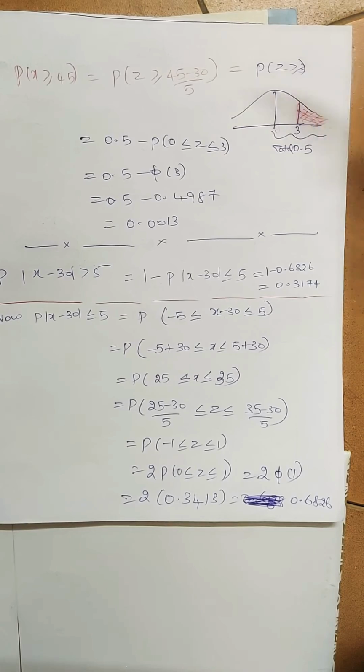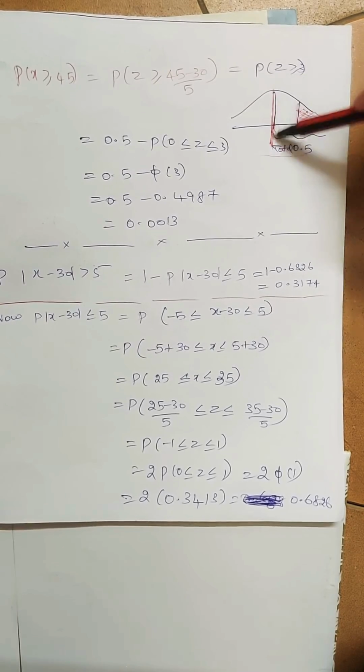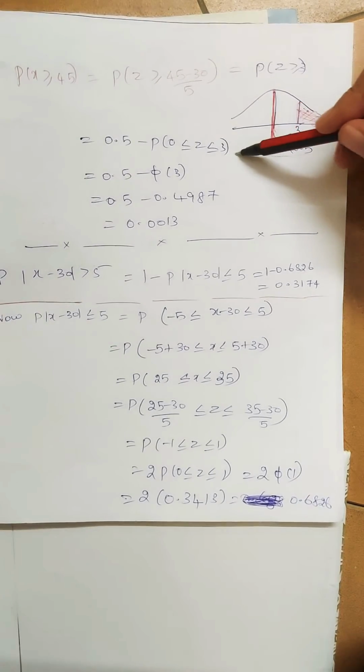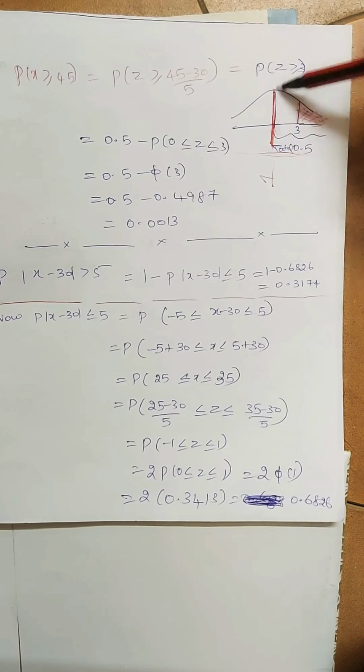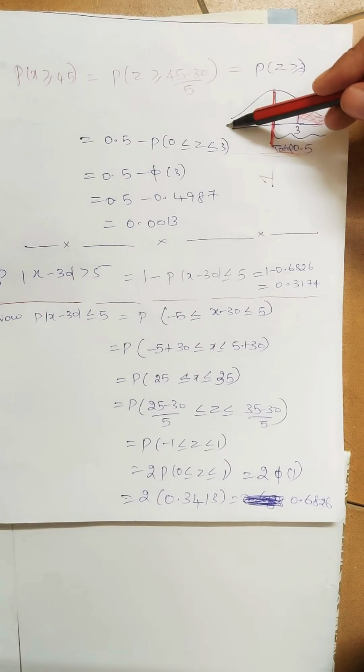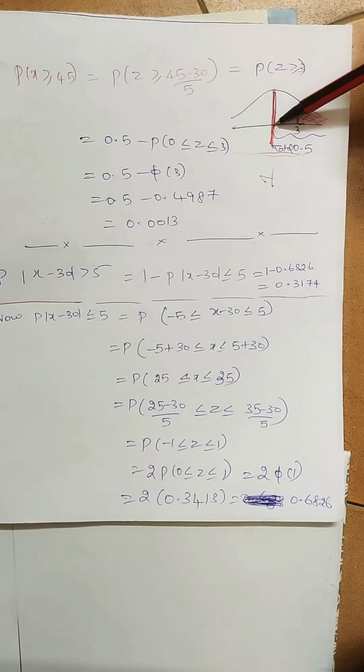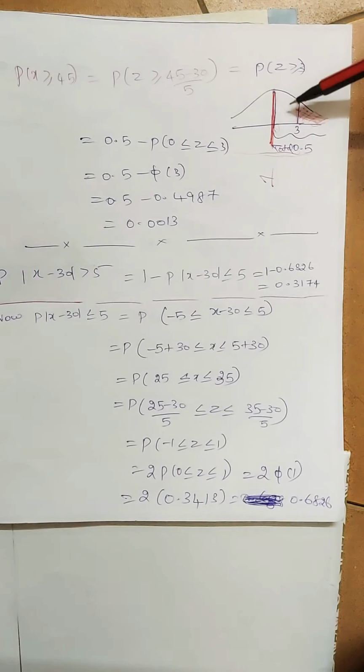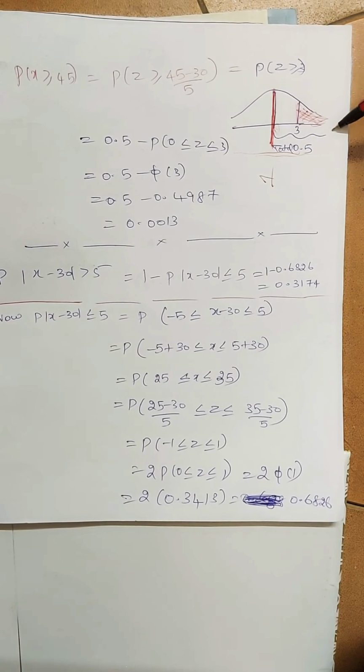For this, if you remember, I told you the total area is 1. This is the middle part, so if the total area is 1, this side is 0.5. That side is 0.5. So what I'll do, from this side's total area, if I subtract 0 to 3, I'll get this.